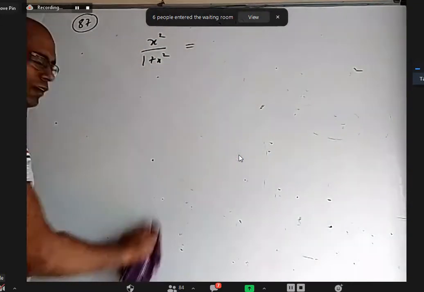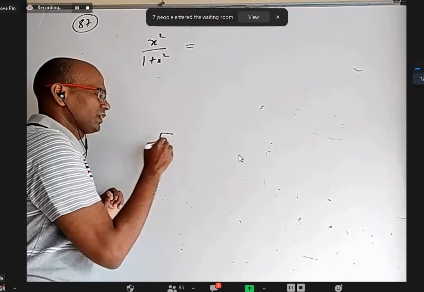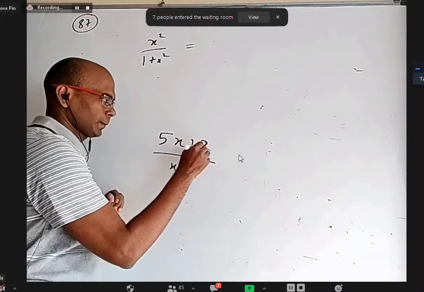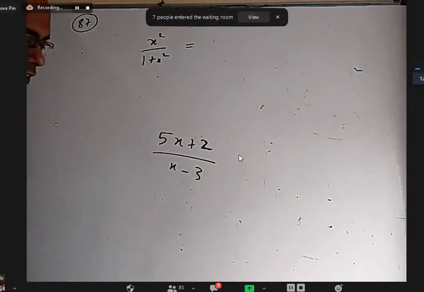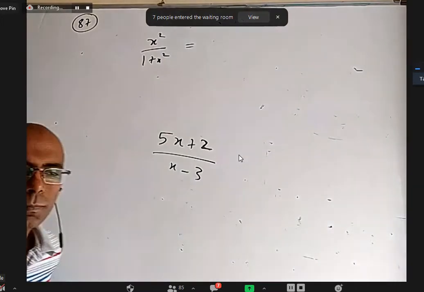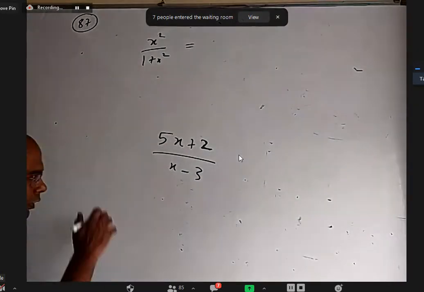But before that, I want to ask a very, very simple question. y equal to 5x plus 2 by x minus 3. First of all, what is the domain of this function? All real numbers except 3.